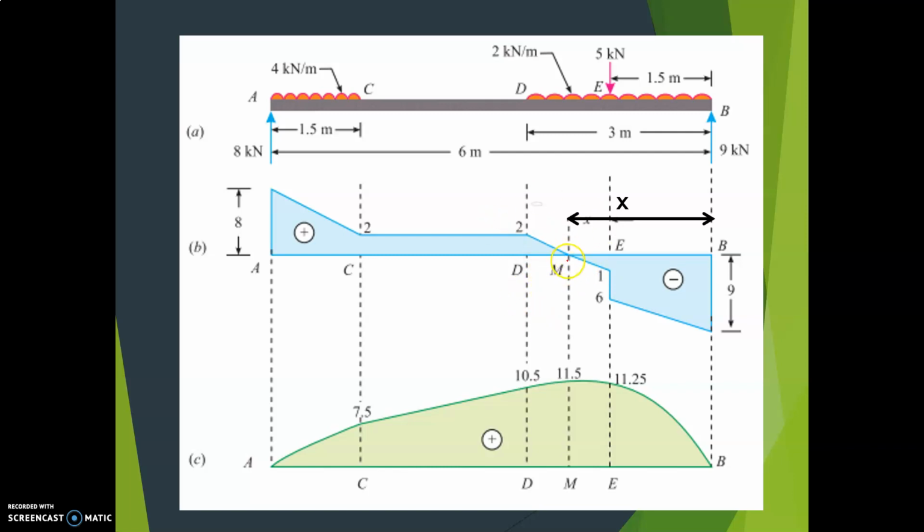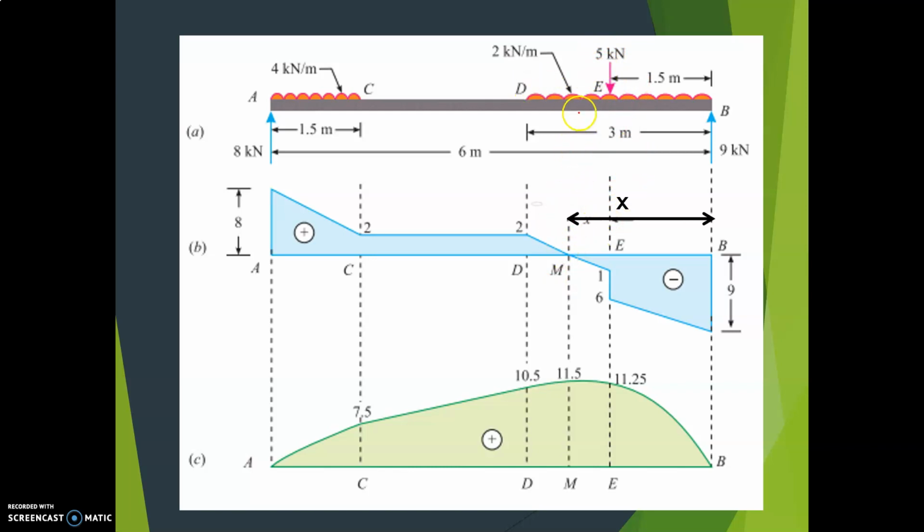Here shear force changes its sign from minus to plus, that is at M. Let us consider this is at a distance of X from B. Now I have to calculate the shear force at M. Shear force at M is minus 9, right side upward negative, minus 9 plus 5 plus 2 into X, the distance till here.